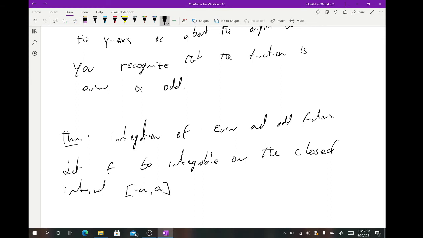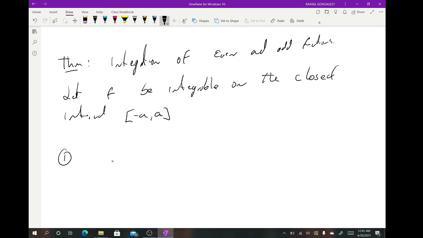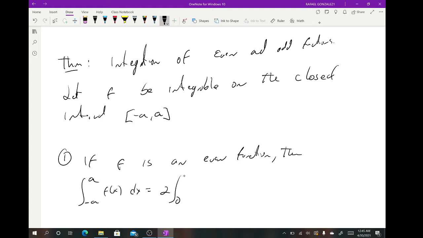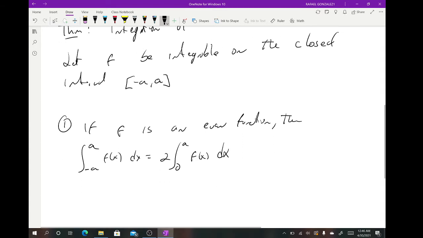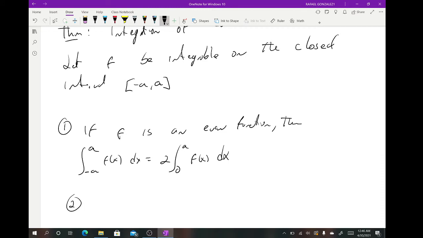Notice that this is symmetric. Then 1, if f is an even function, then the integral from minus a to a of f of x dx is equal to 2 times the integral from 0 to a of f of x dx. This can be very useful at times, especially when simplifying or dealing with a complicated problem.